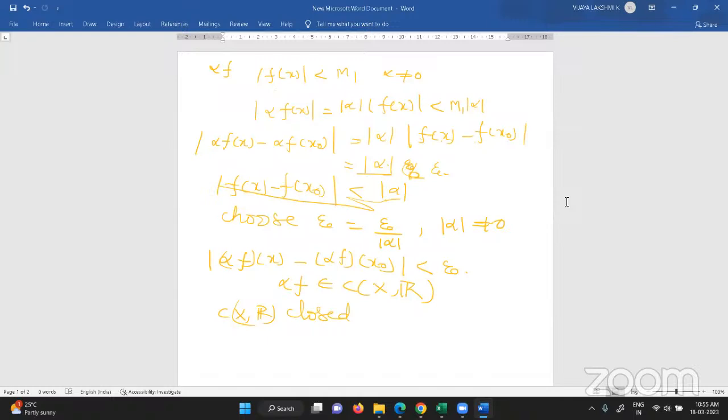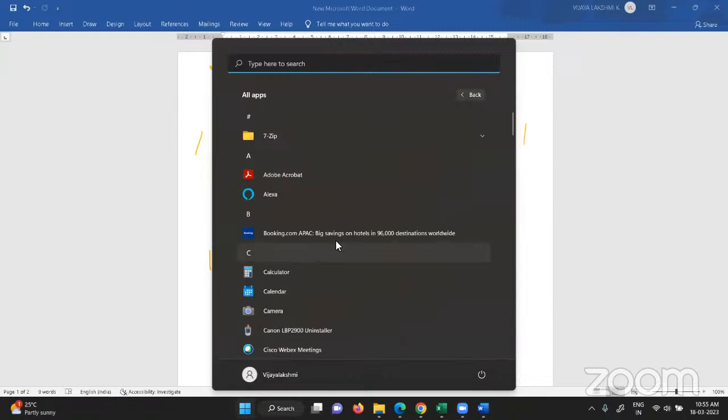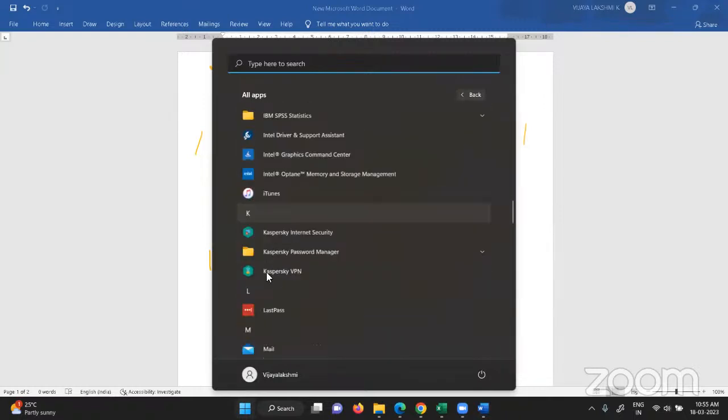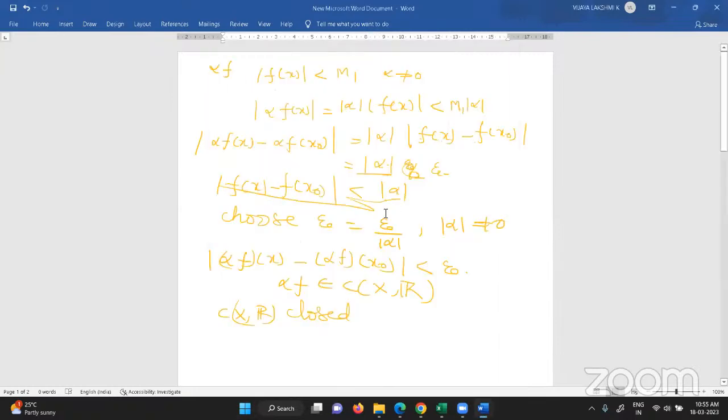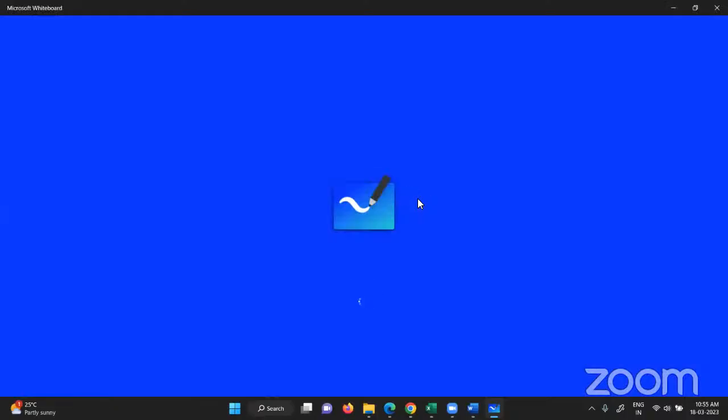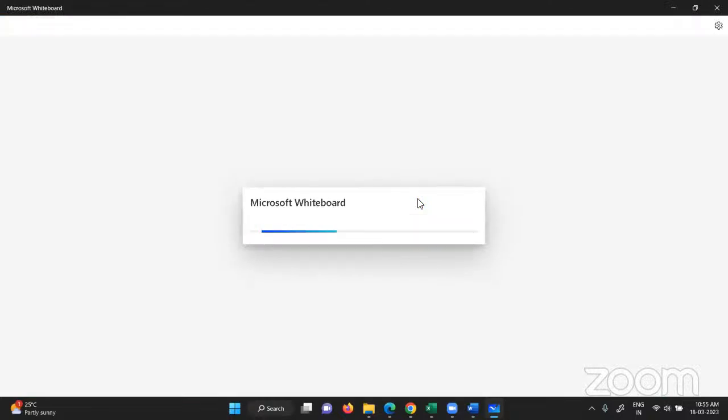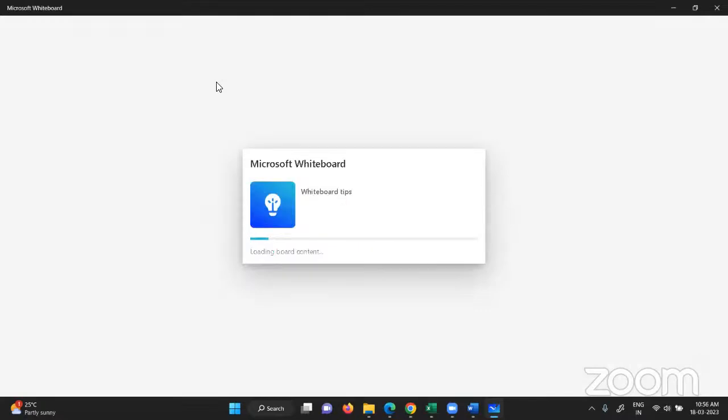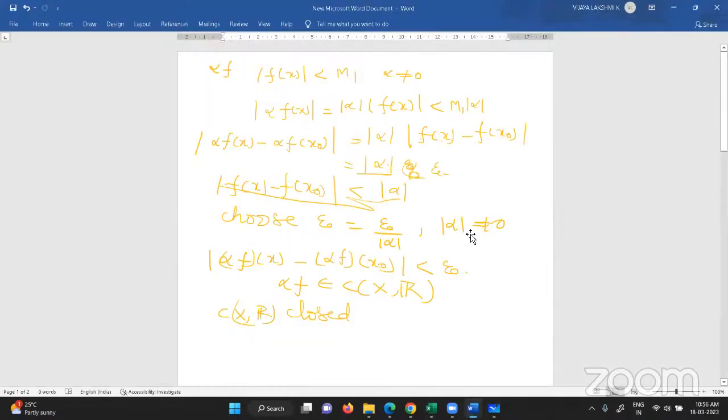A topological space X is said to be a T1 space if for any two distinct points X and Y in X, there exist open sets G and H such that X belongs to G minus H and Y belongs to H minus G. So last class I explained this T1 space.